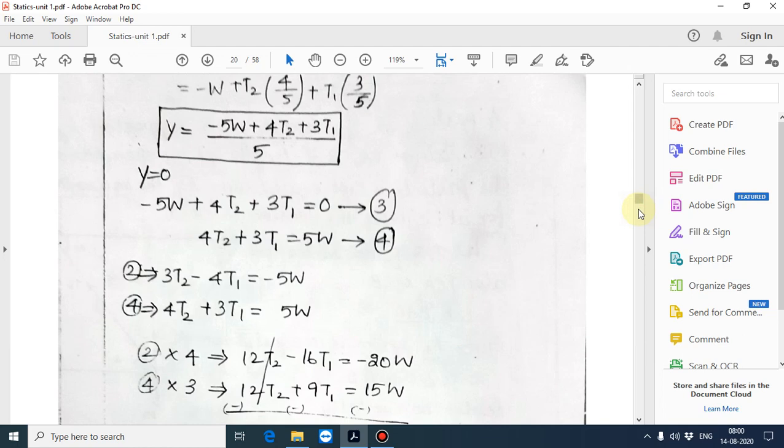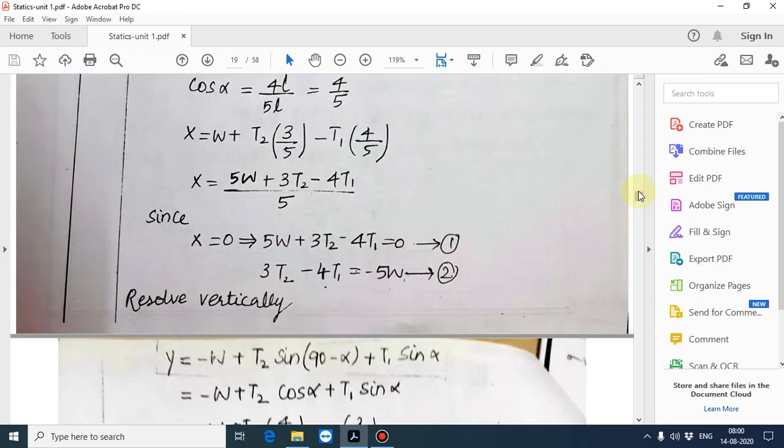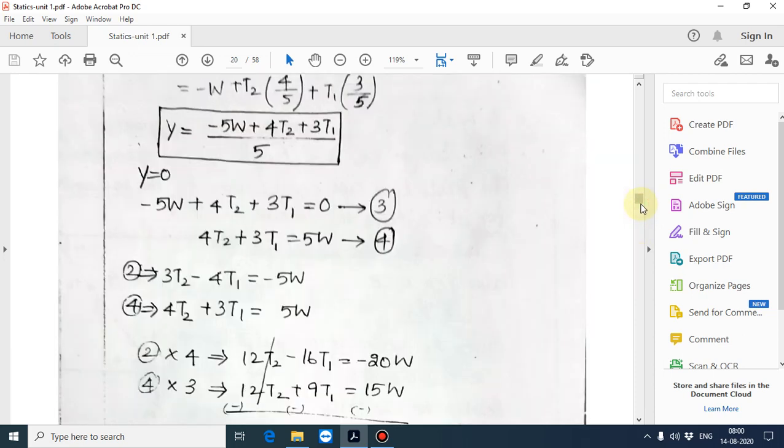So y is equal to minus W plus T2 sine of 90 minus alpha plus T1 sine alpha. Sine of 90 minus alpha means cos alpha. What is the value of cos alpha? 4 by 5.